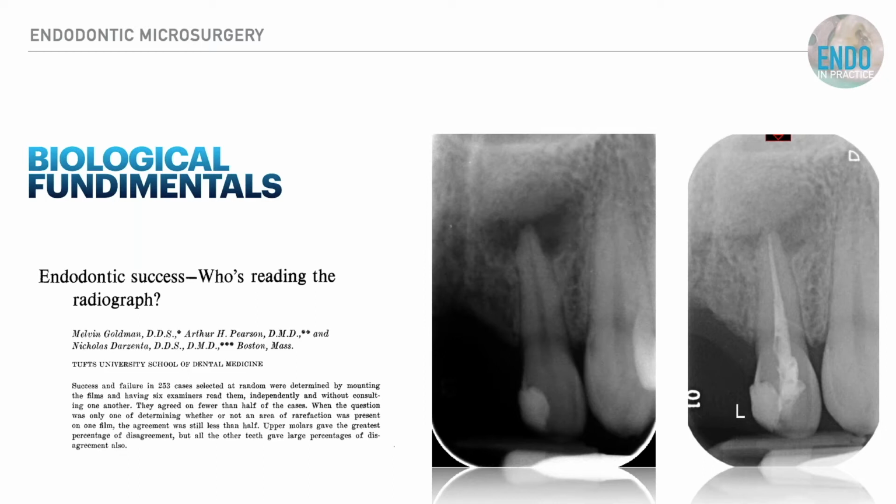This was a paper published in the 80s, talking about how we should look at the biological fundamentals of our treatment, and how if two of us looked at a radiograph, about 30% of the time we wouldn't agree. And if I was to look at the same radiograph in a week's time or a month's time, in about 15% of those cases, I still wouldn't agree with myself.